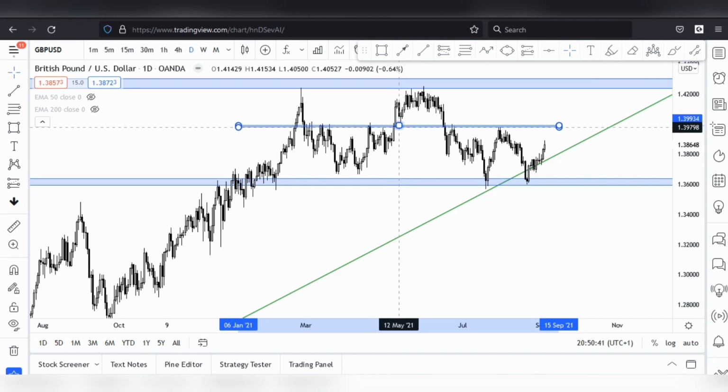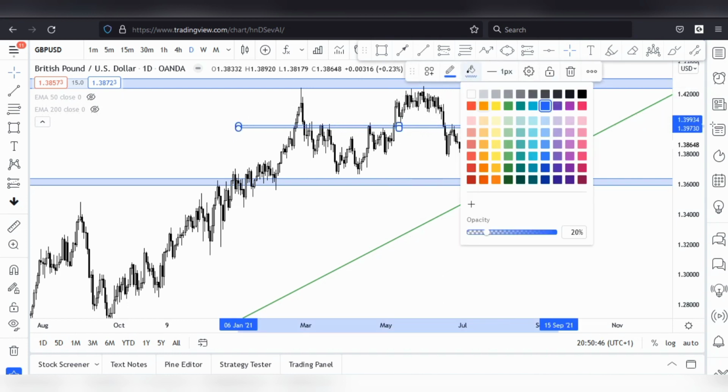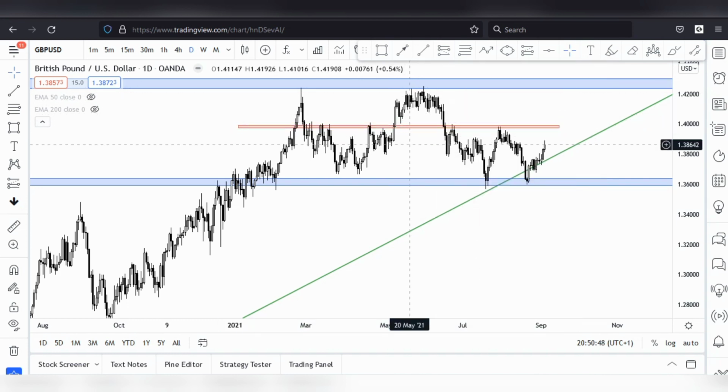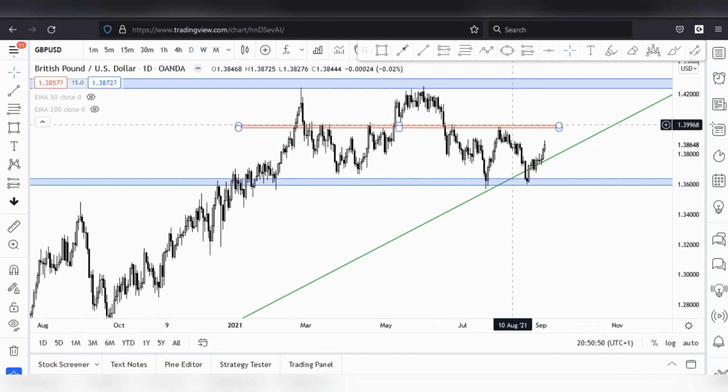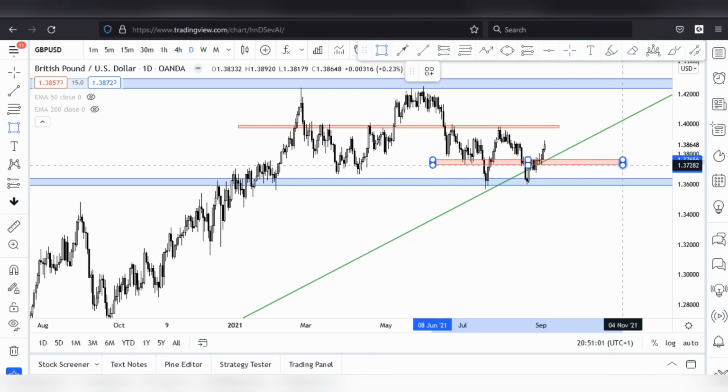So we change this to red. So this is our resistance level over here, and our support level remains the same, although we can create another support level, which you will see more clearly on the 4-hour time frame. But we can just identify that here.